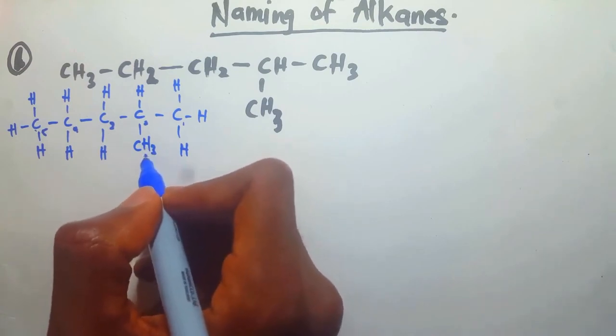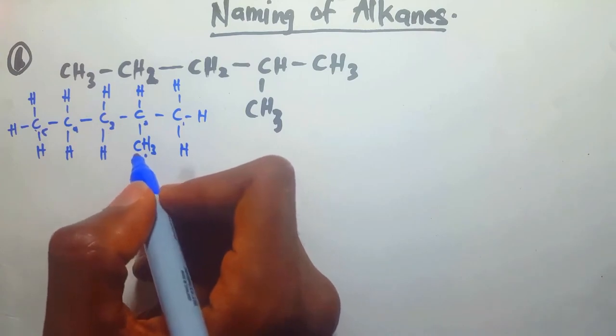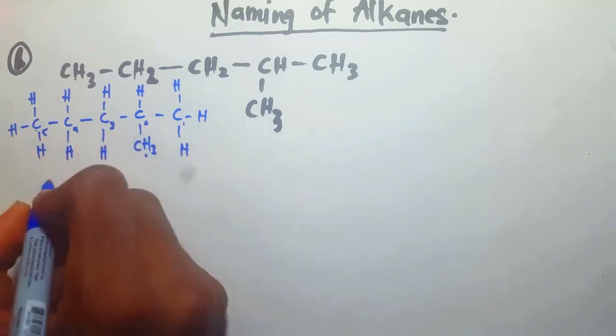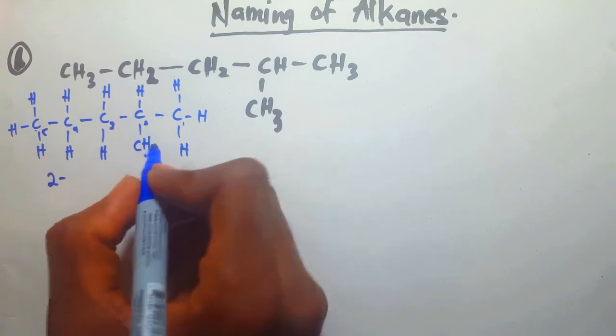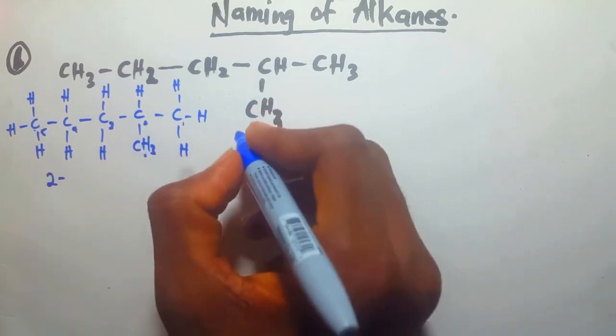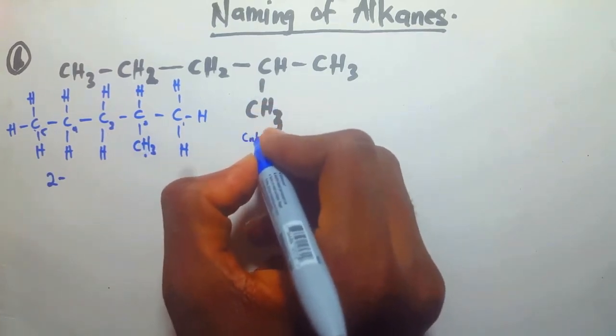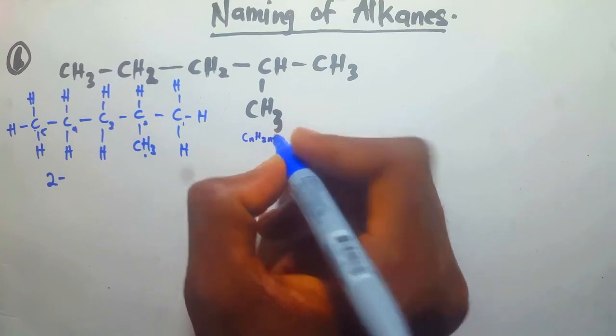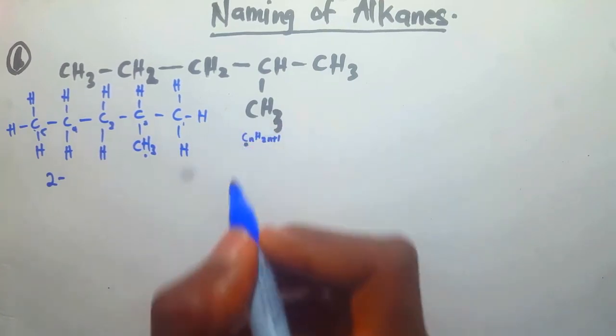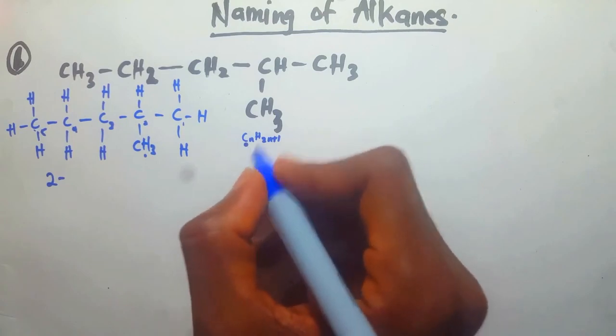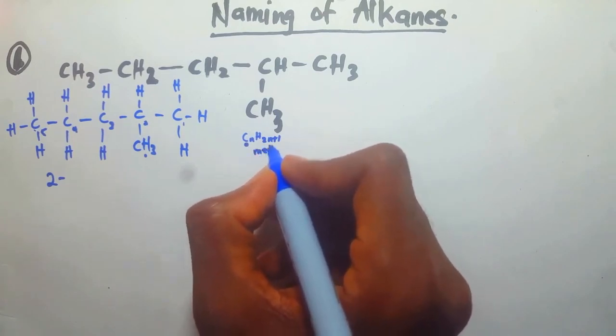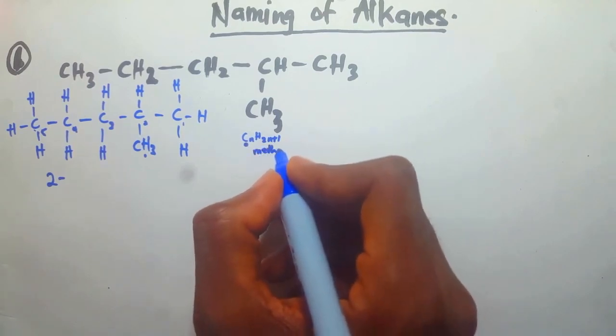When naming, you always bring the name of the substituent first, with the position first, so 2. Since this is CH3, an alkyl group has the formula CnH2n+1. Since it has 1 carbon, we know that one carbon is meth, so this is methyl.